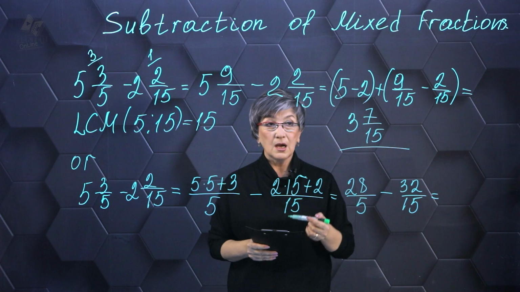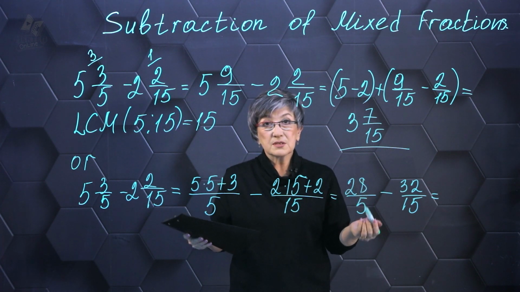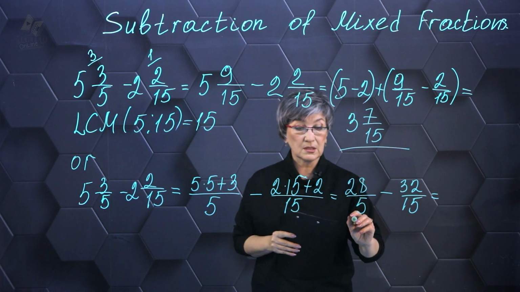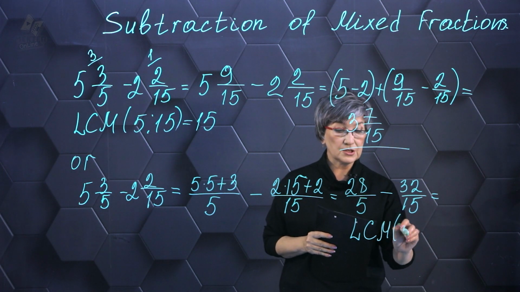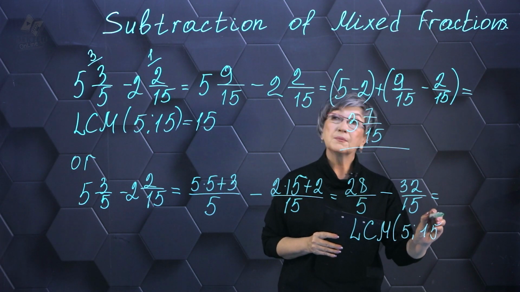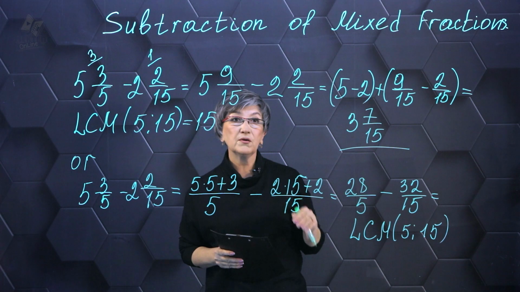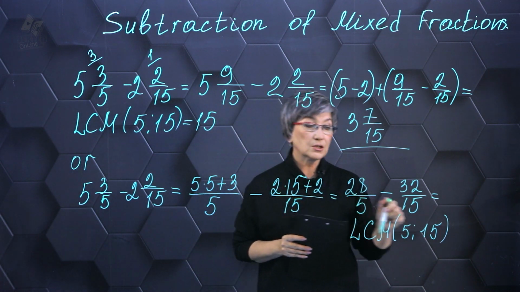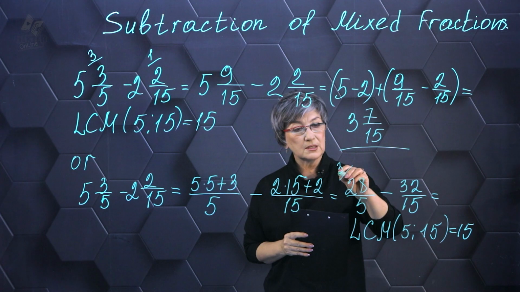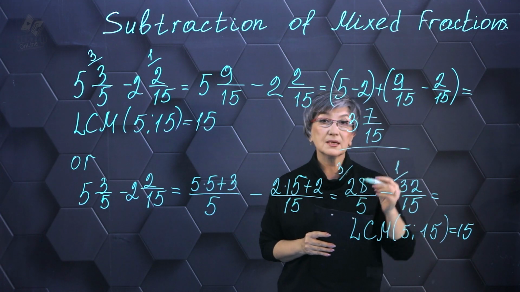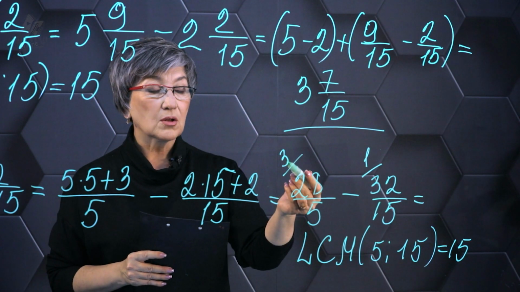Do you know how to subtract fractional numbers? What do you have to do? Again, find the least common multiple of 5 and 15. Notice that this is exactly the same, which is 15. The complementary multipliers are 3 and 1. So, what am I doing?